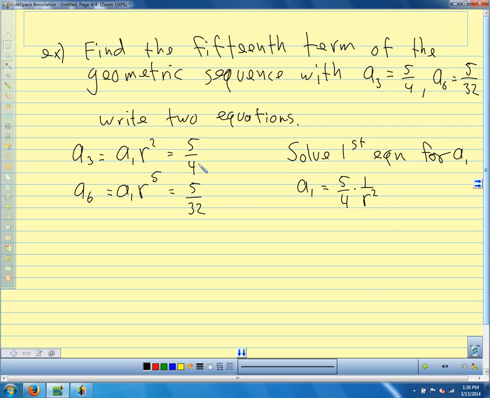So I'm just dividing both sides by r squared. And now I'm going to substitute this a1 into the second equation. So I get 5/4 times 1 over r squared times r to the 5th equals 5/32.